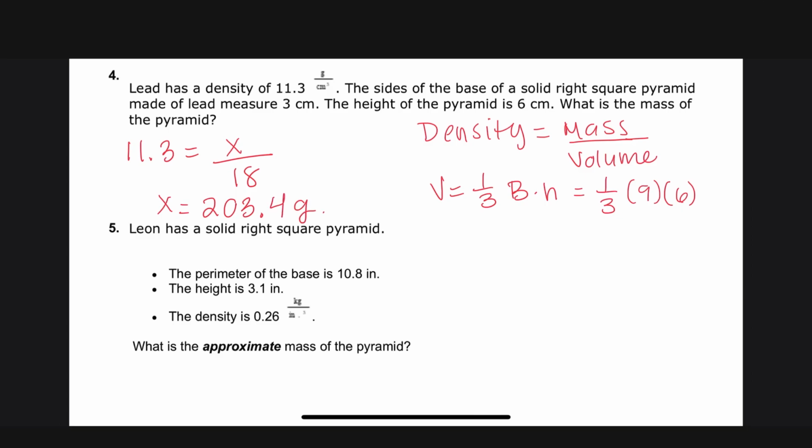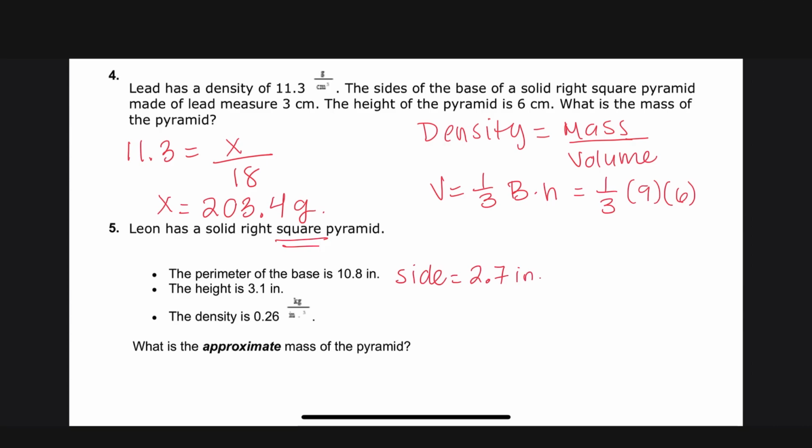And then Leon has a solid right square pyramid. So again, we're doing another pyramid. It gives the perimeter of the base is 10.8 inches. So if it's a square pyramid, that means the base is a square. So if 10.8 is the perimeter, then each side is going to be 2.7 inches.